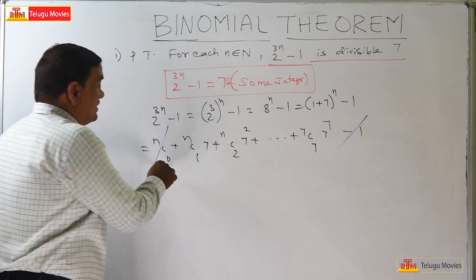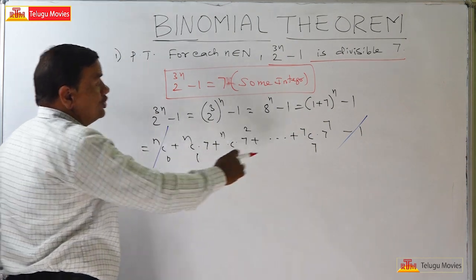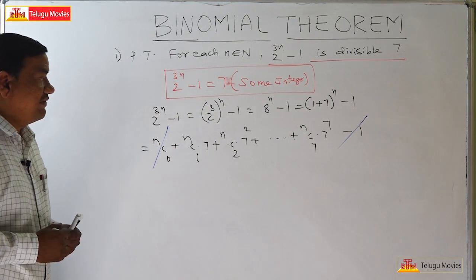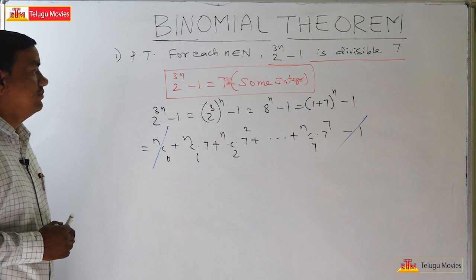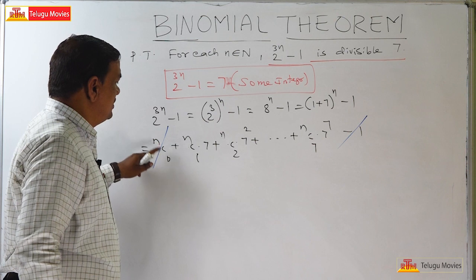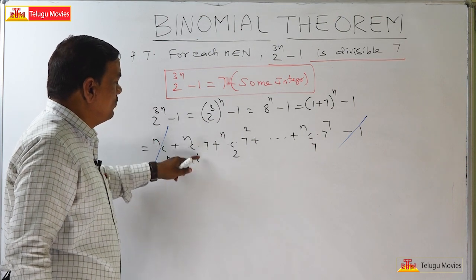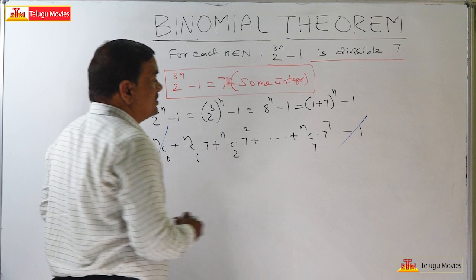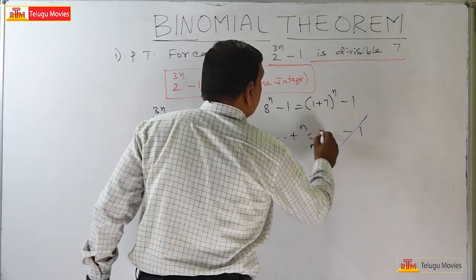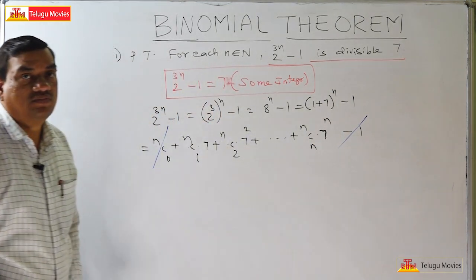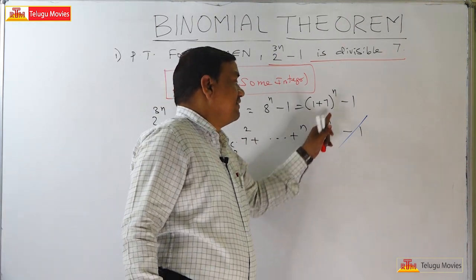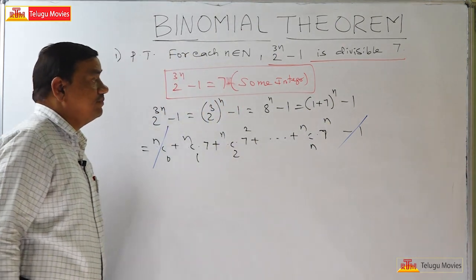That's why nC0, nC1, nC2, and so on, up to nCn into 7 to the power of n. That is the last term.